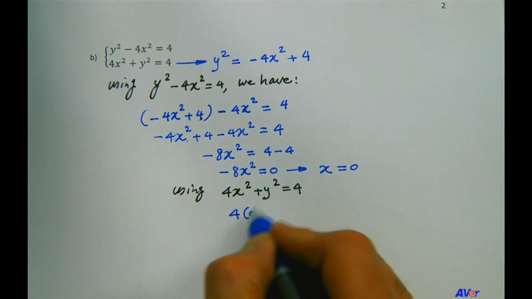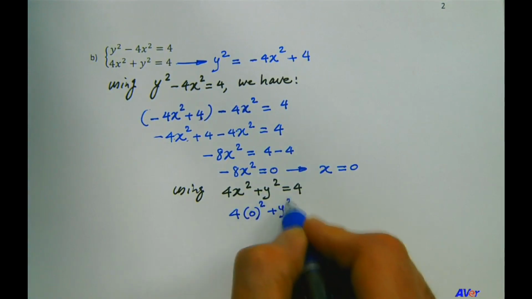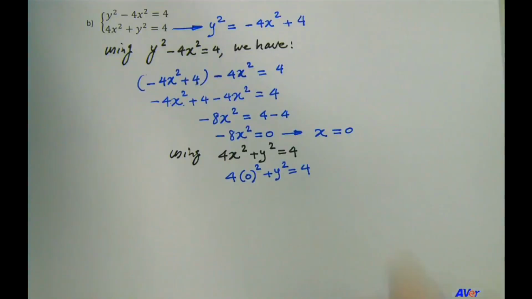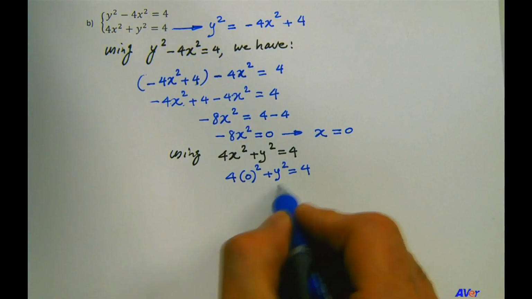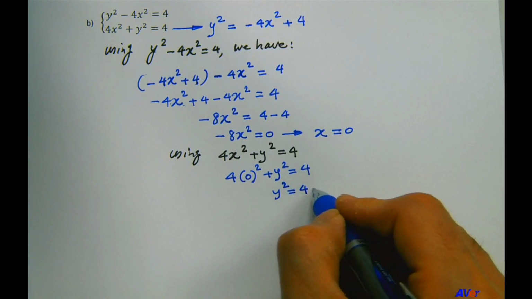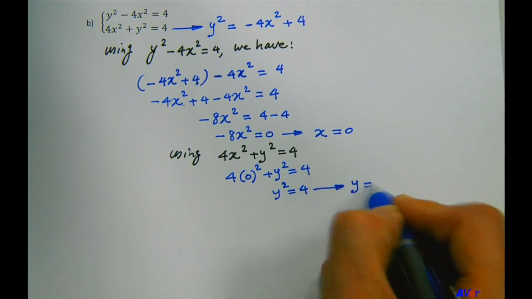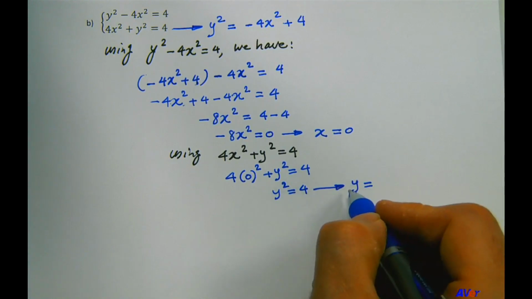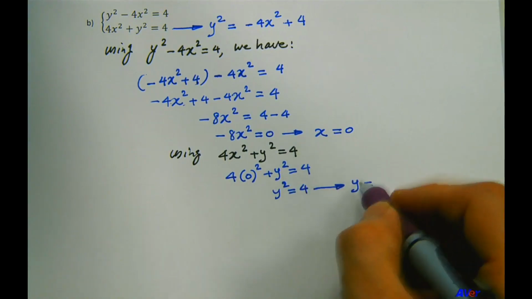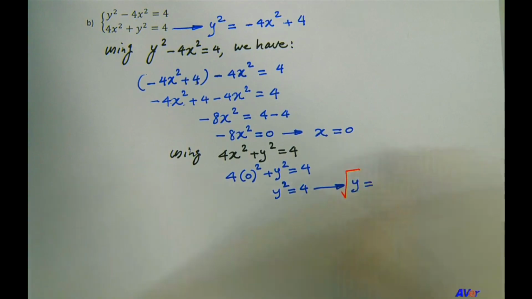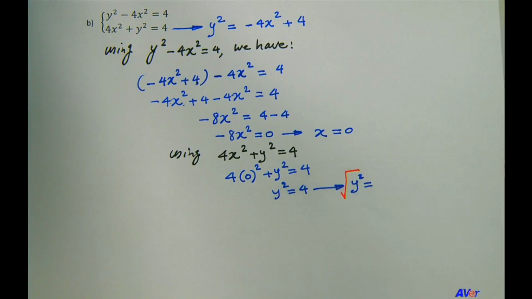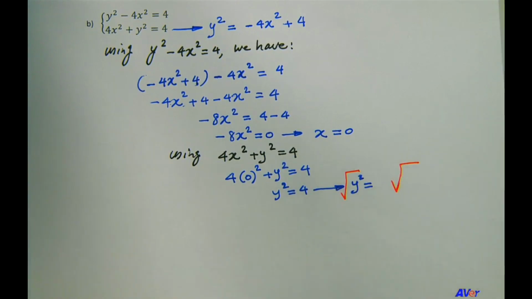So 4 times 0 squared plus y squared equals 4. We have 0 here, 0 plus y squared. We have y squared equals 4, and therefore y is equal to, take the square root of both sides, right? Square root of y squared, square root of 4.